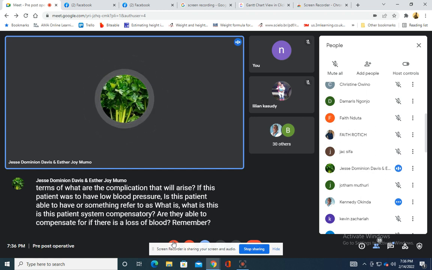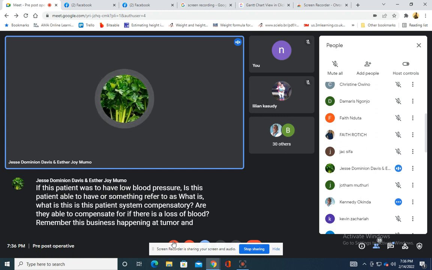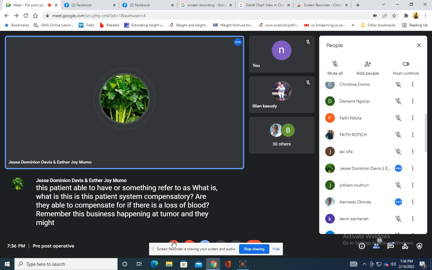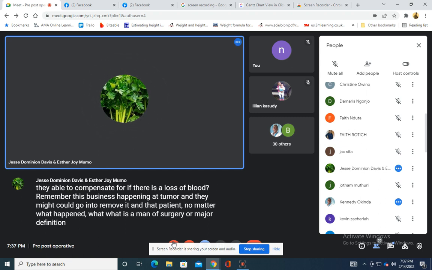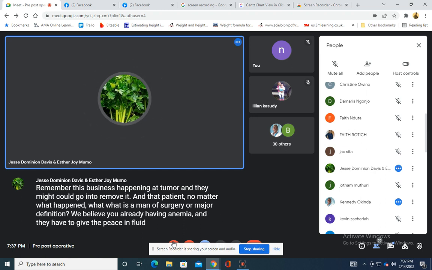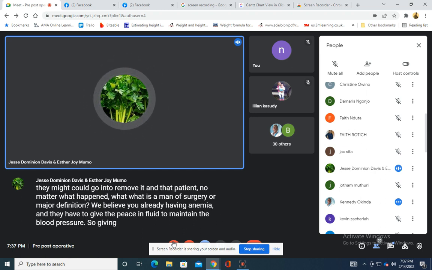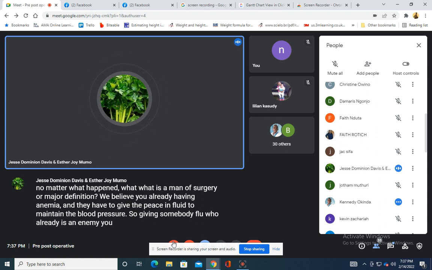Remember, this patient is having a tumor, and they might go in to remove it, and no matter what happens, whether it's a minor or major surgery, that patient will bleed. You already have anemia, and they have to give the patient fluid to maintain the blood pressure. So giving somebody fluid who is already anemic, you are already diluting the blood.